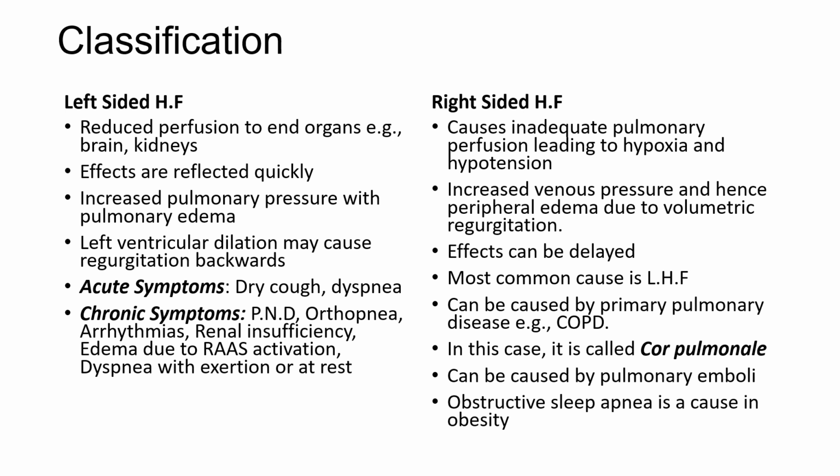In many cases, right-sided heart failure caused by chronic obstructive pulmonary disease will be called cor pulmonale. It can also be caused by pulmonary emboli inside the lungs, interrupting blood supply to the lungs, blood backs up, less oxygenation, giving the symptoms of right-sided heart failure.